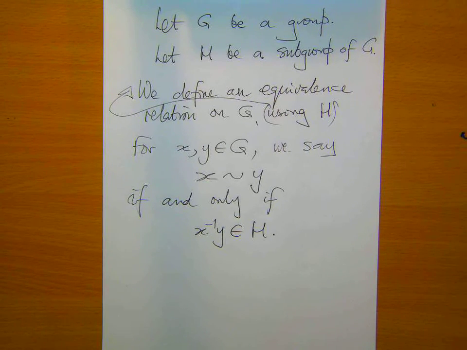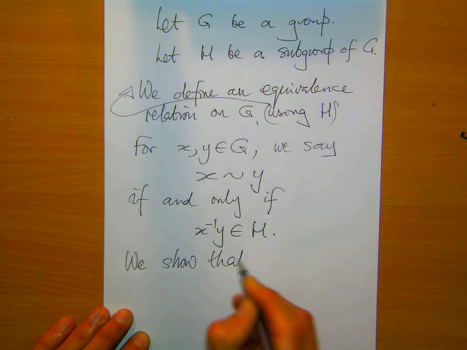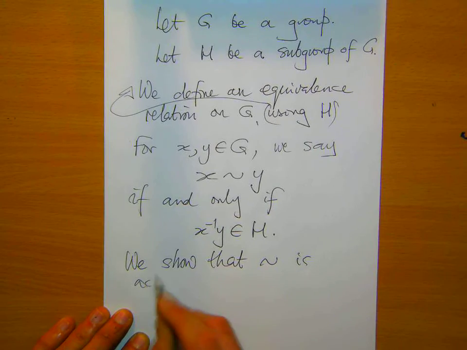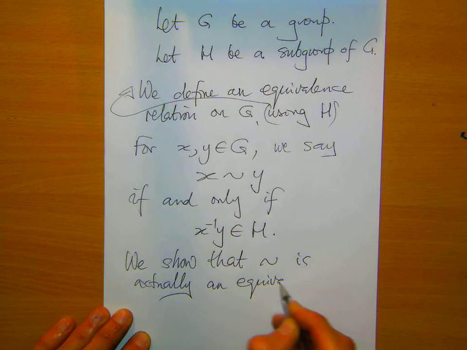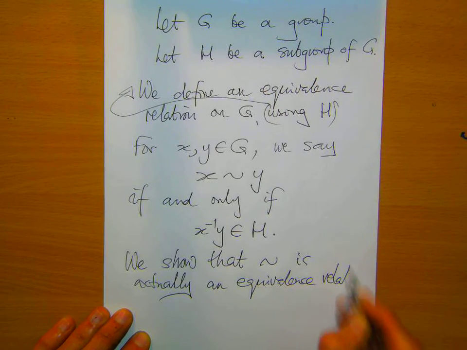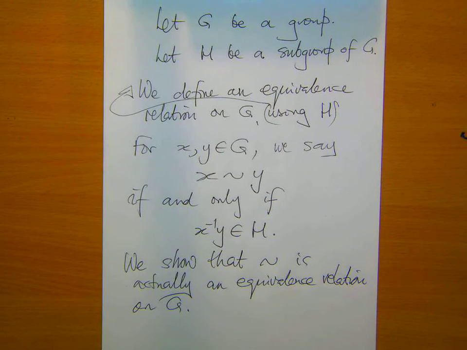And what I'm going to do now is check that this is not just any old relation, it's actually an equivalence relation on G. So we show that tilde is an equivalence relation on G. We're now just thinking of G as a set, so we can have an equivalence relation on a set.